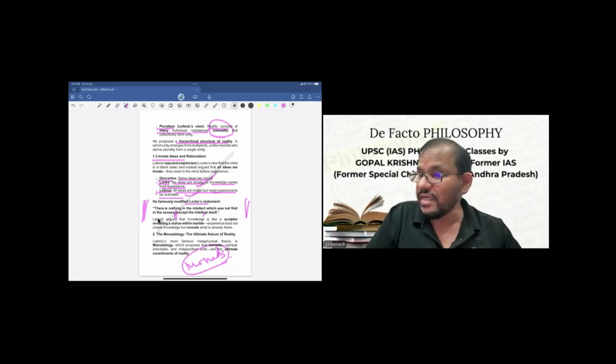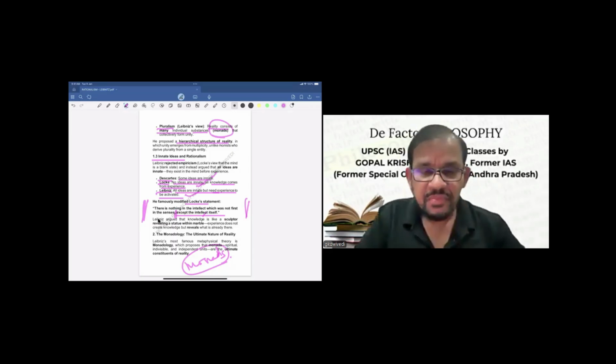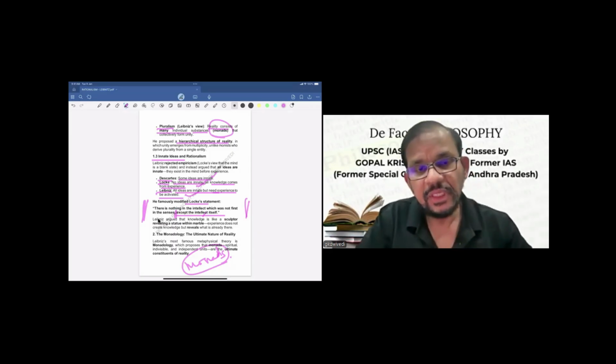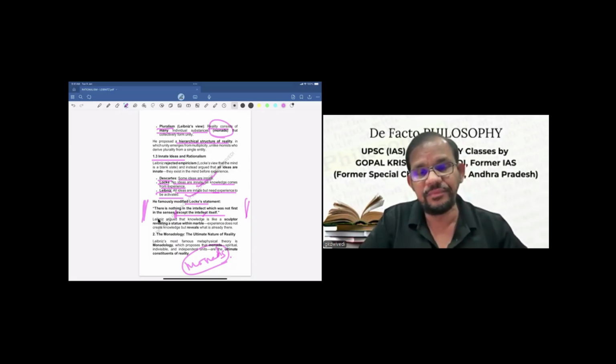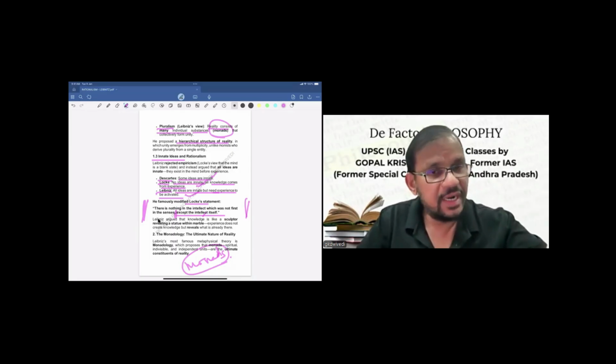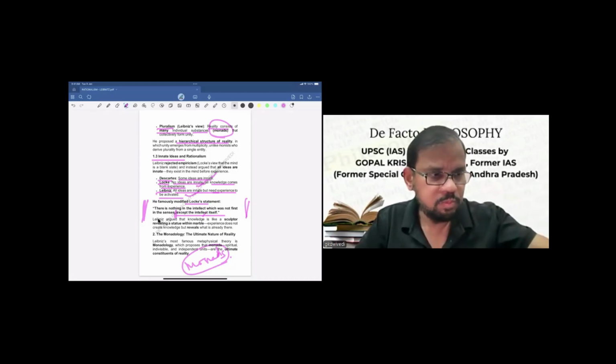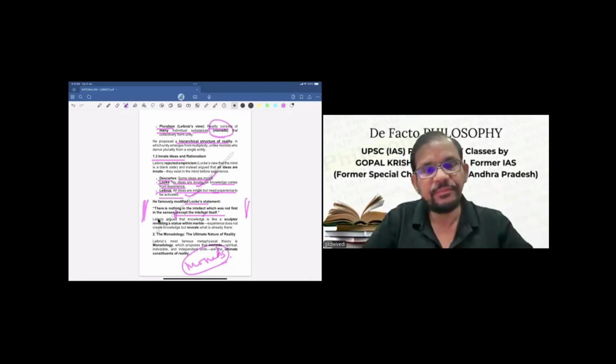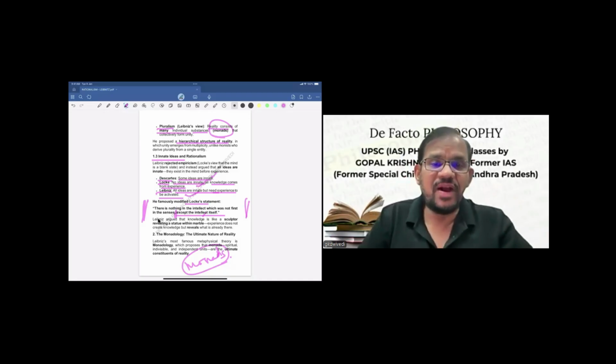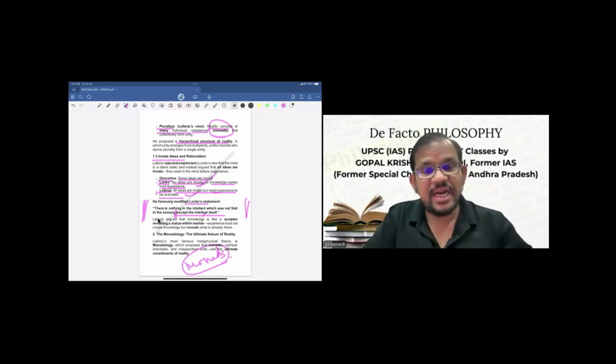What Leibniz has done is add this to the statement: except the intellect itself. So Leibniz basically modified Locke's statement.